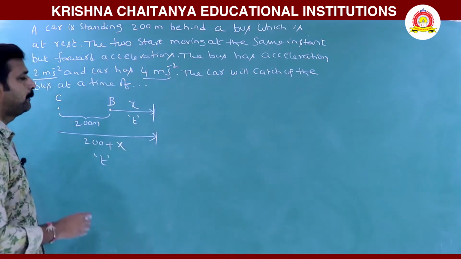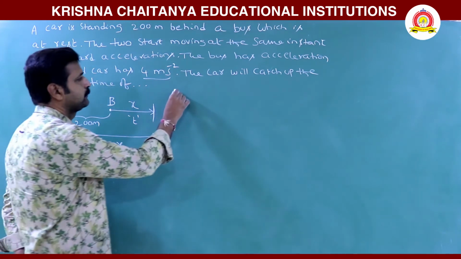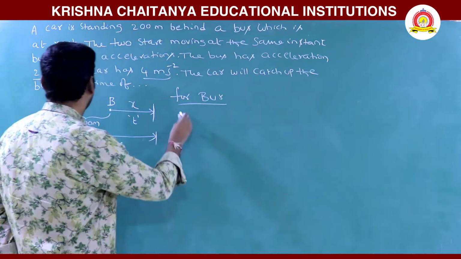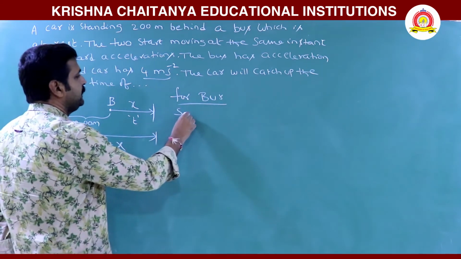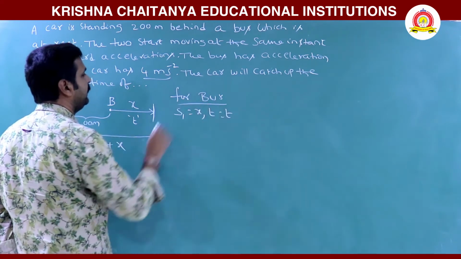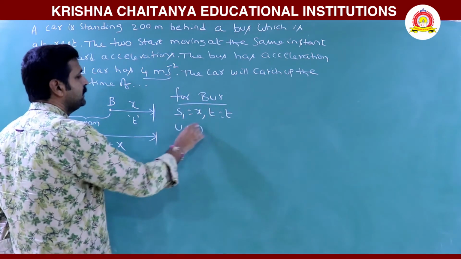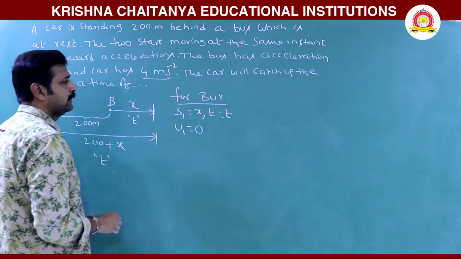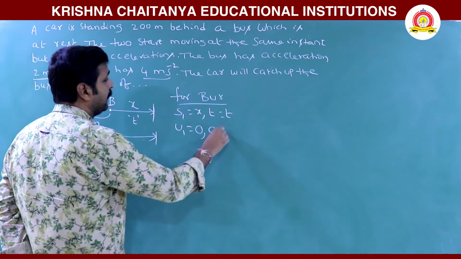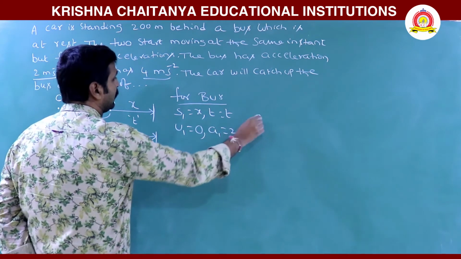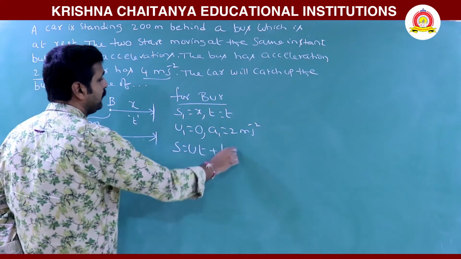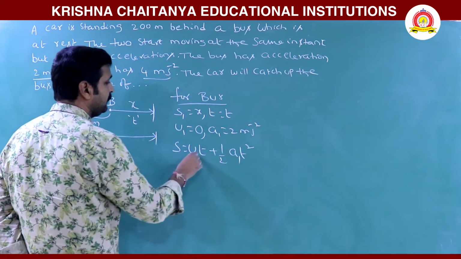Now for the bus, if we write, distance travelled is x, time is t, initial velocity is 0, as the bus starts at rest. Using s is equal to ut plus half at squared, with acceleration 2.